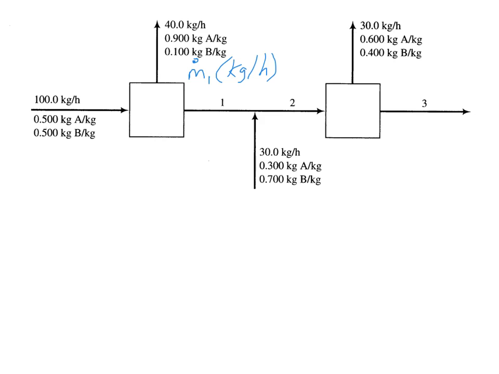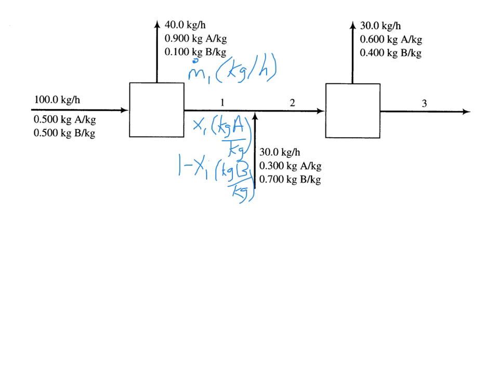And then we have X1, which is the mass fraction of A, and that's kilogram A per kilogram. And then I could write out X2 or another variable, but I'm just going to write this as 1 minus X1, and that's kilograms B per kilogram.